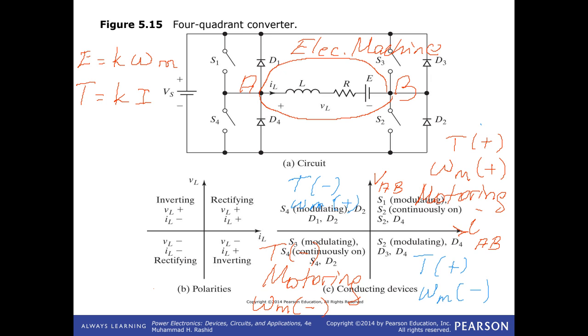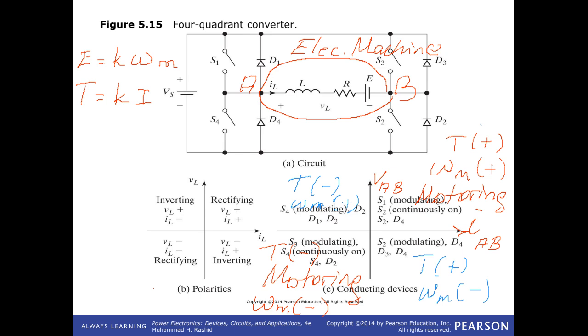However, for braking, you produce a negative current while it's rotating in positive direction, since voltage is not actually reversed, voltage is positive. VAB approximately represents the E, the inner voltage, which is proportional to the speed. You can see that speed is defined by VAB and the current direction.